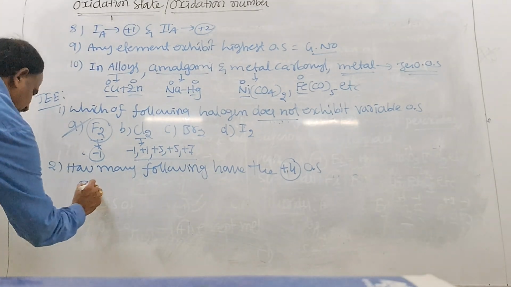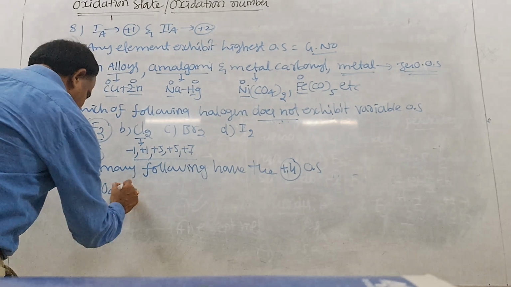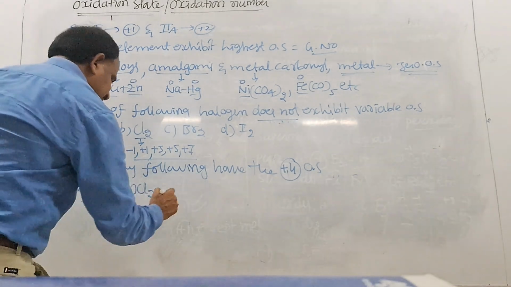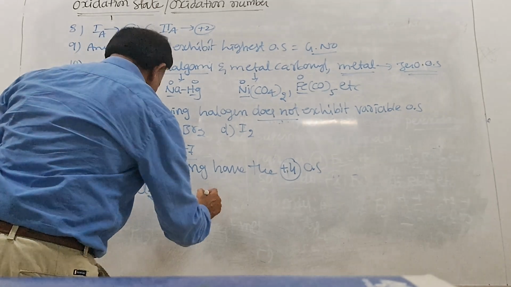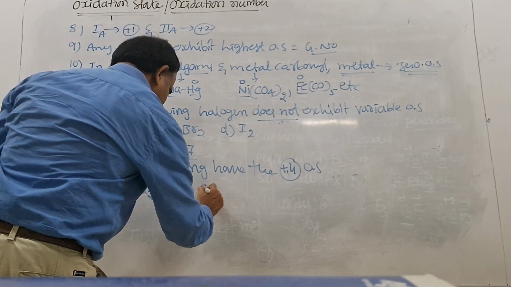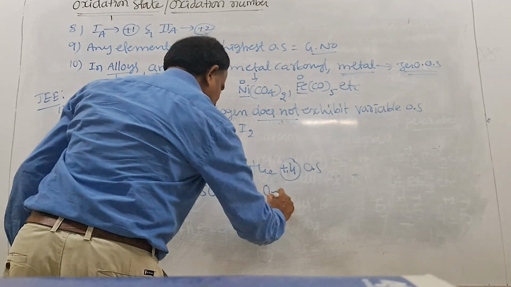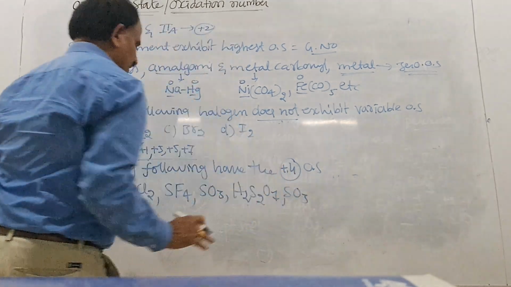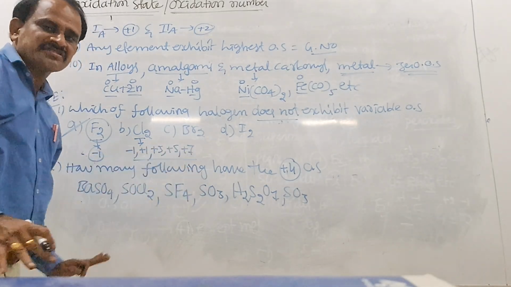Given here: barium sulfate, SOCl2, sulfur tetrafluoride SF4, SO3, H2SO3, H2S2O7, SO3. Among these compounds, how many compounds exhibit +4 oxidation number?